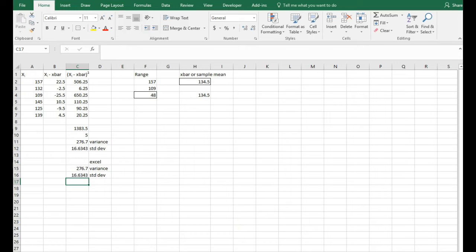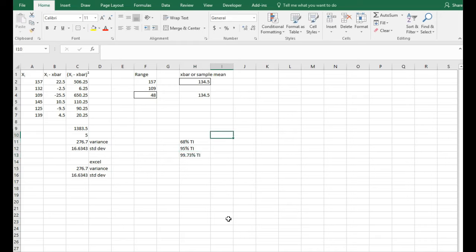So now that we have our standard deviation, we have all of this information on this sheet. Our x bar is 134.5, so we're going to just say 68% TI for tolerance interval, 95% TI, and 99.73% TI.